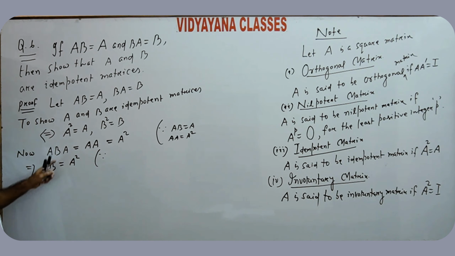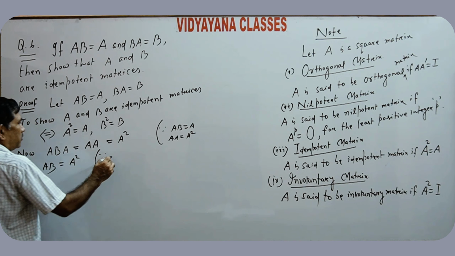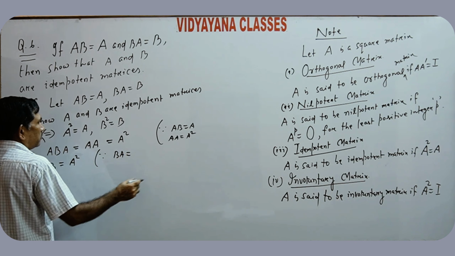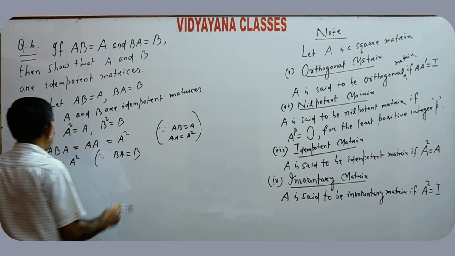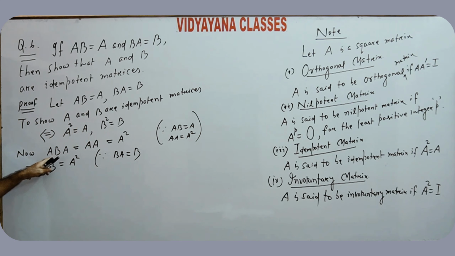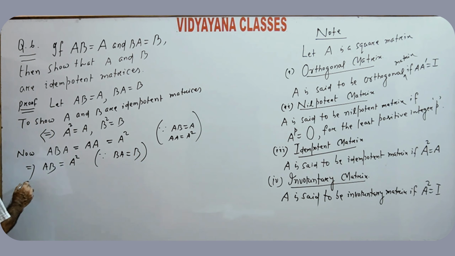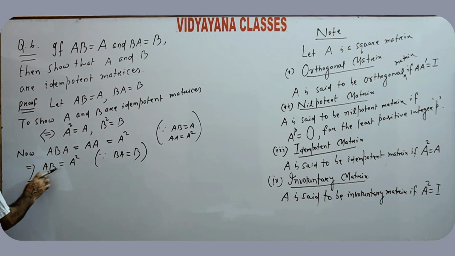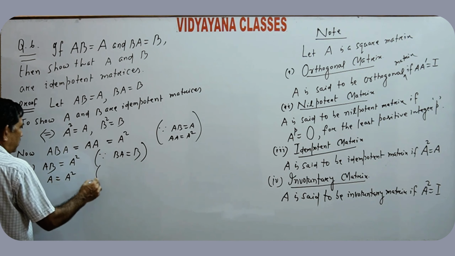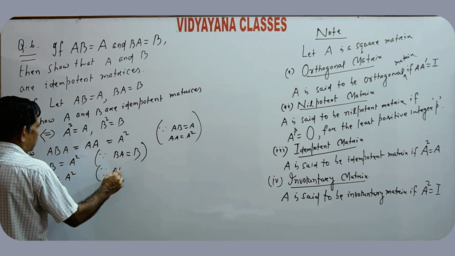Since BA is equal to B, this is the same as A square. First we write AB is equal to A, it gives AA, which is A square. Again, ABA is written as A into B, and since BA is equal to B, AB is equal to A, which is A square.